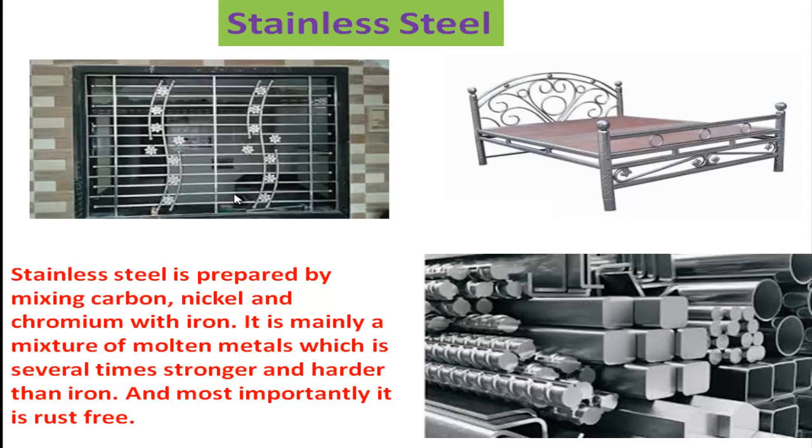So to overcome this problem, the formation of rust, this stainless steel was invented nowadays in this way, by mixing carbon, nickel and chromium with iron. So we can say this is actually a process to prevent rust, isn't it?